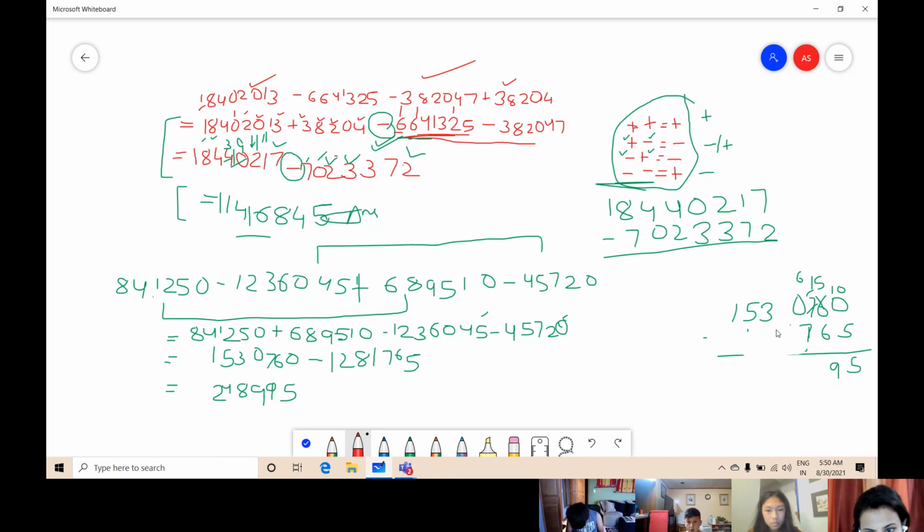Okay, 7. Now here it will be 1, 5, 3, 0, 7, 6, 0, 5, 6, 7. It will become 1. Here it will be 8, then 2, and then 1.